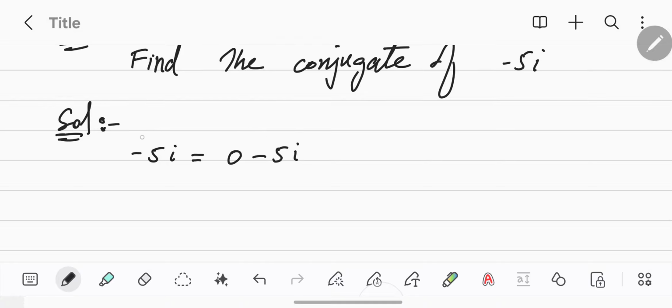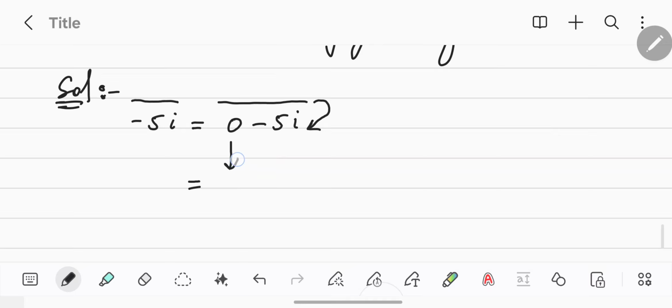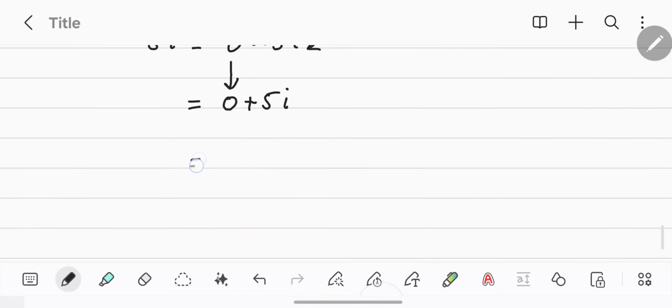Now you have to take its conjugate. I will write the real part as it is, but I will change the sign of the imaginary part. Since it is negative 5, I will write plus 5 iota. So the answer is 5 iota.